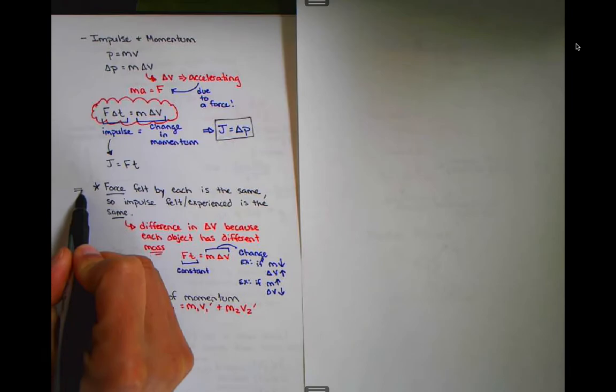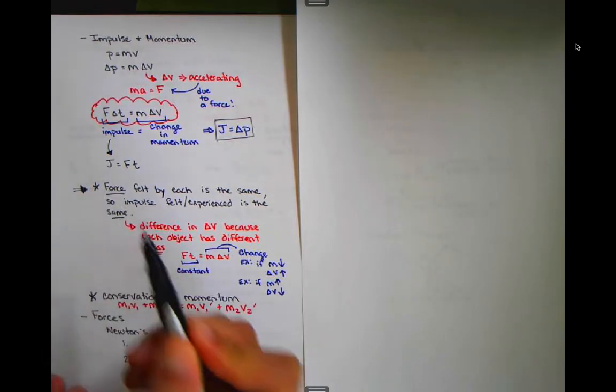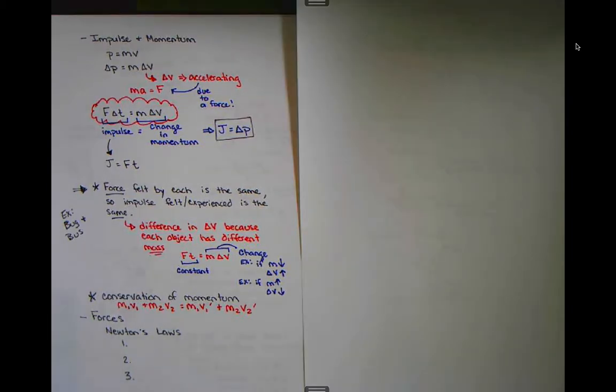The force felt by each particle, so for instance, if you have the example of the bug hitting the bus on the windshield, each object feels the same force. So the bug experiences a force and the bus experiences the same force because they are experiencing the same impulse.